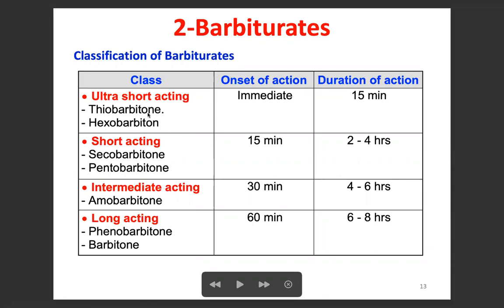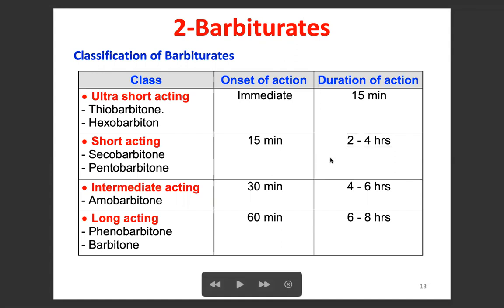Now, if the suffix of the drug is barbitone, these are considered barbiturates, and if the suffix of the drug is zepam, these are considered benzodiazepines. Ultra short acting: thiobarbitone, hexabarbitone. Short acting: secobarbitone, pentobarbitone.